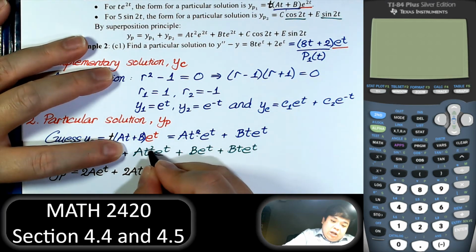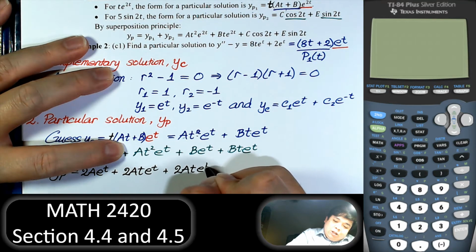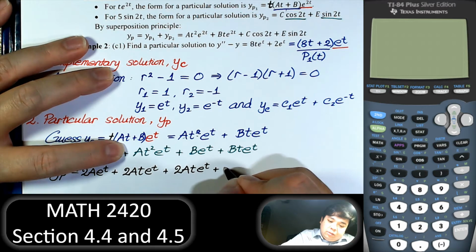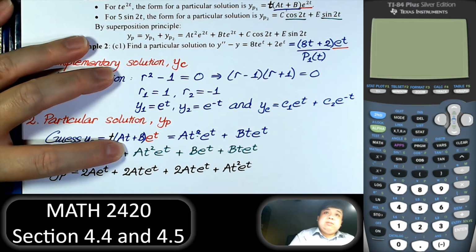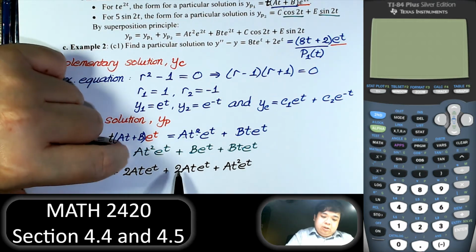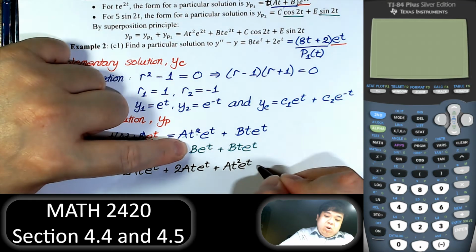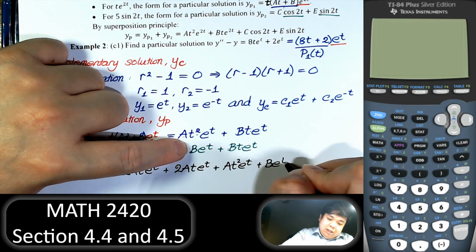Second one is a product rule, 2at e to the t plus at squared e to the t. So that's u prime v, u v prime. Next, this one is just a constant, so there's no product rule, just b e to the t.